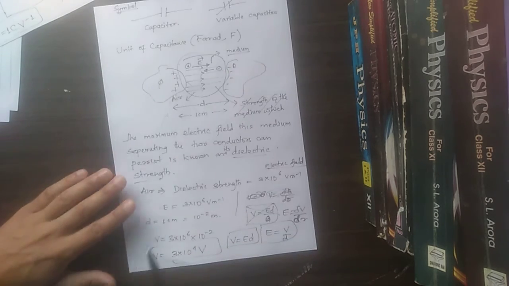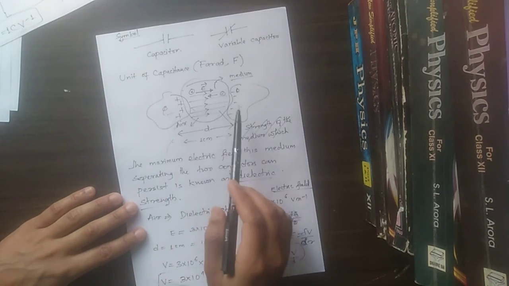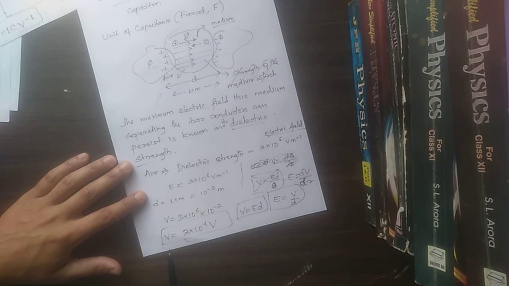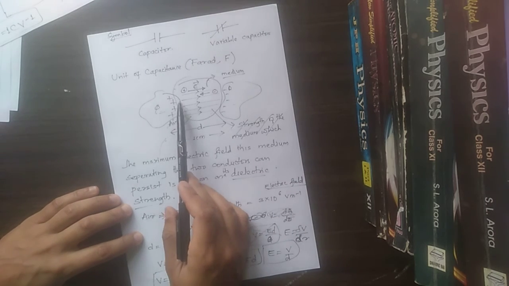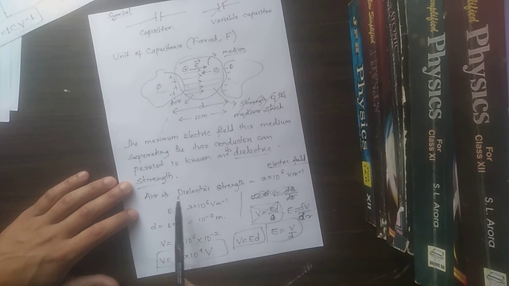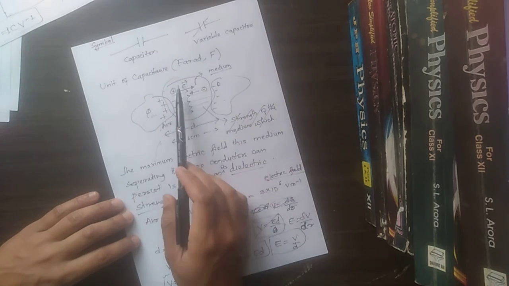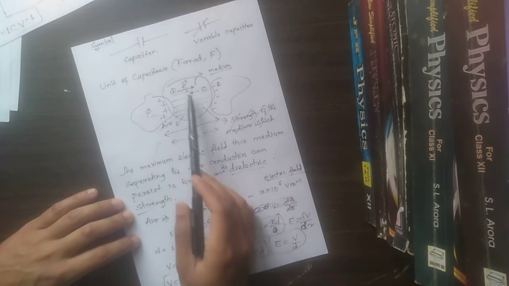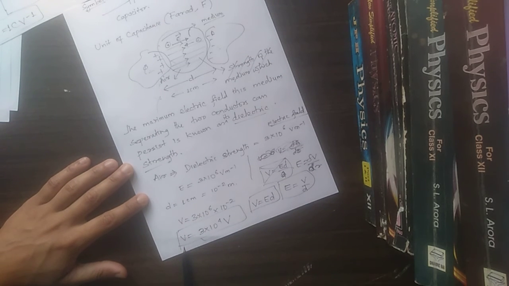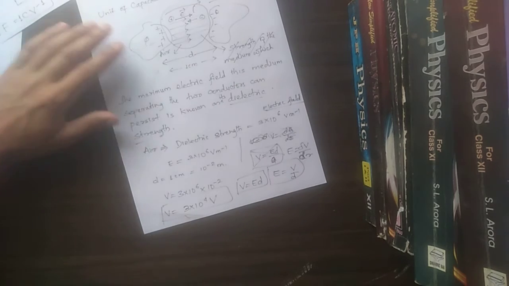If the potential difference between the two conductors increases beyond this value, then what will happen? It will exceed the dielectric strength of the air, and then the air medium will break down above this voltage, that is 3 into 10 to the power 4 volt.